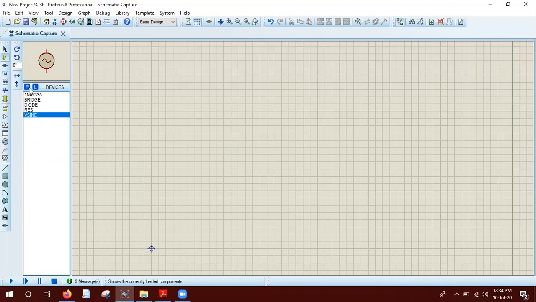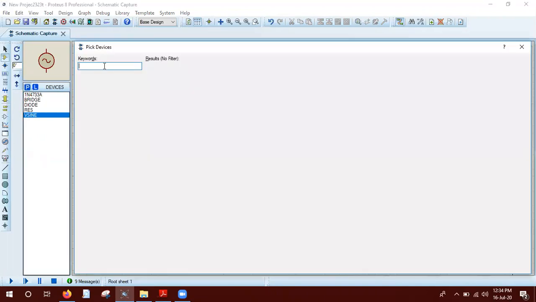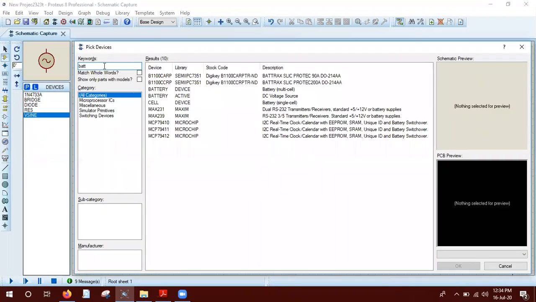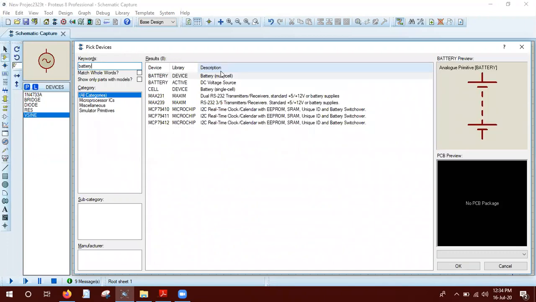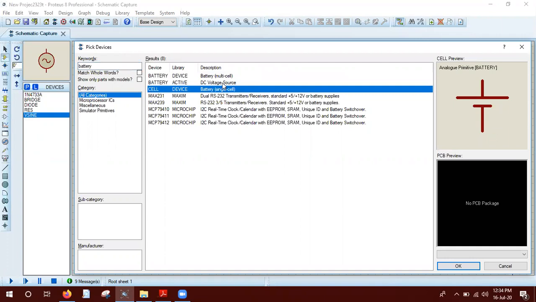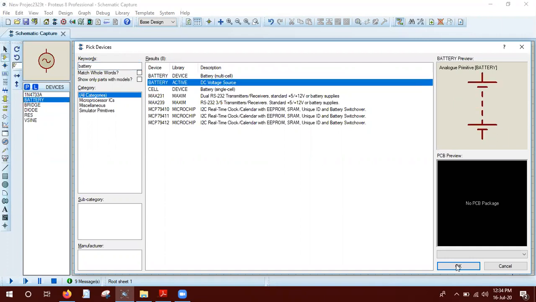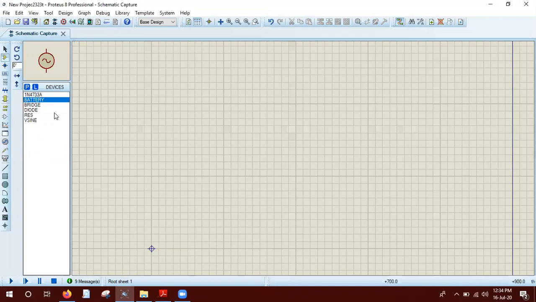Before that, we need a DC battery. So we take the battery, the DC voltage source. We put the value 12 here.